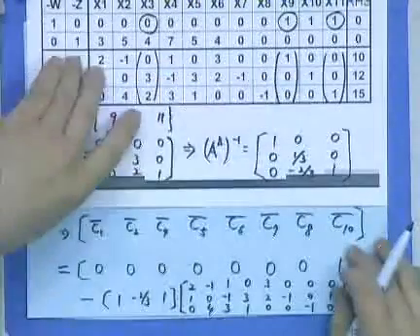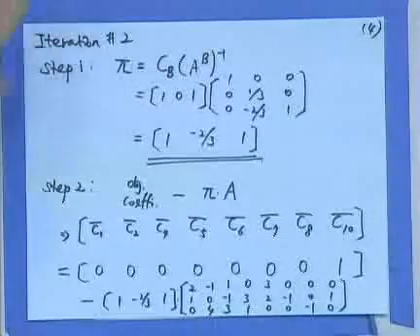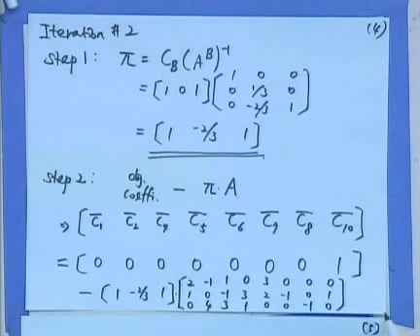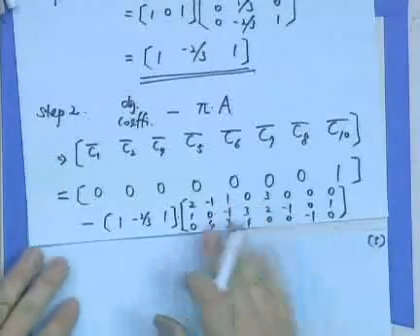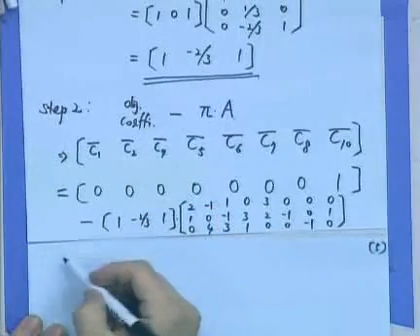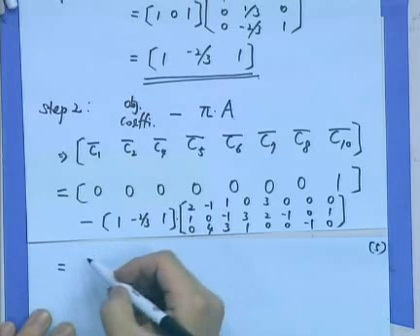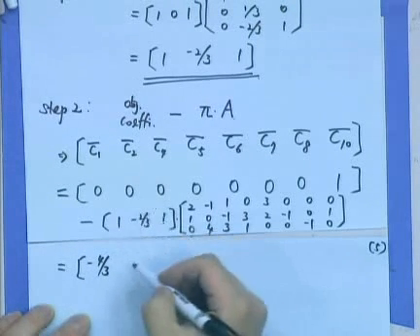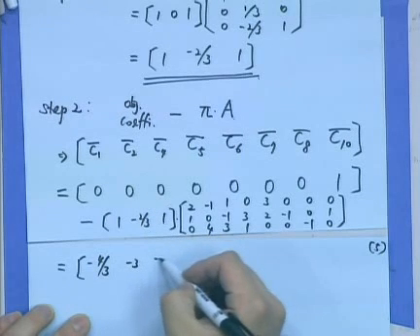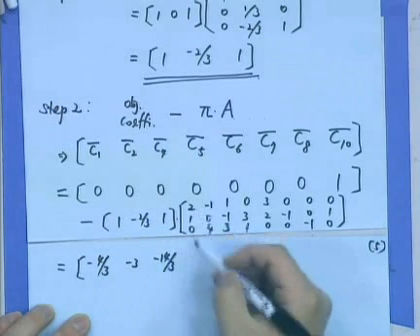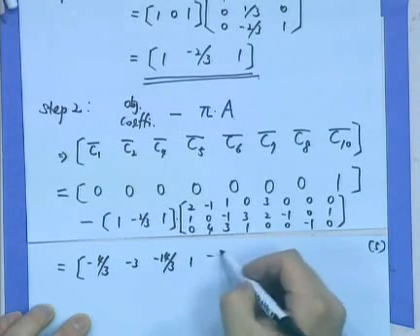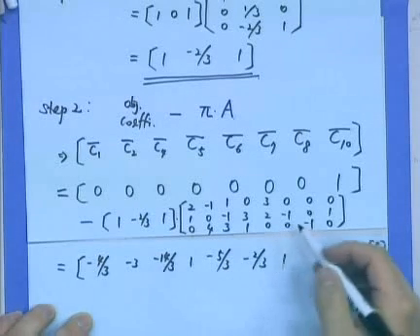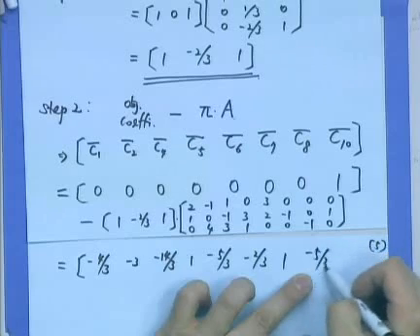Right? And we will get the solution as negative 4/3, negative 3, negative 14/3, 1, negative 5/3, negative 2/3, 1, negative 5/3. Okay?